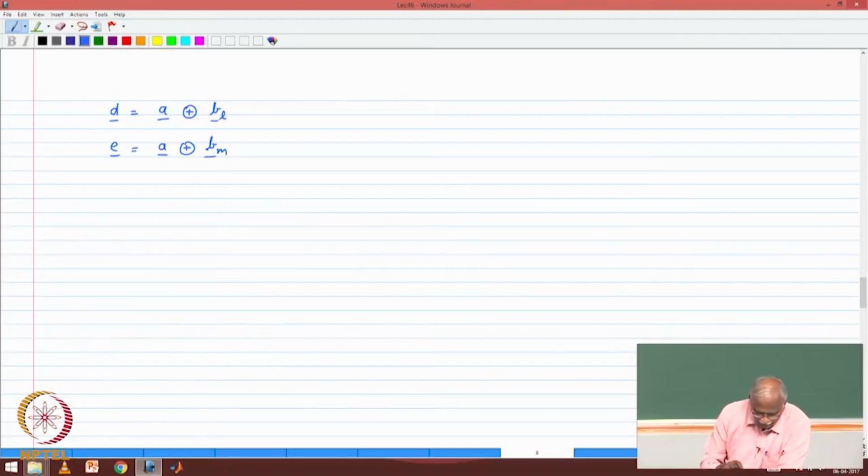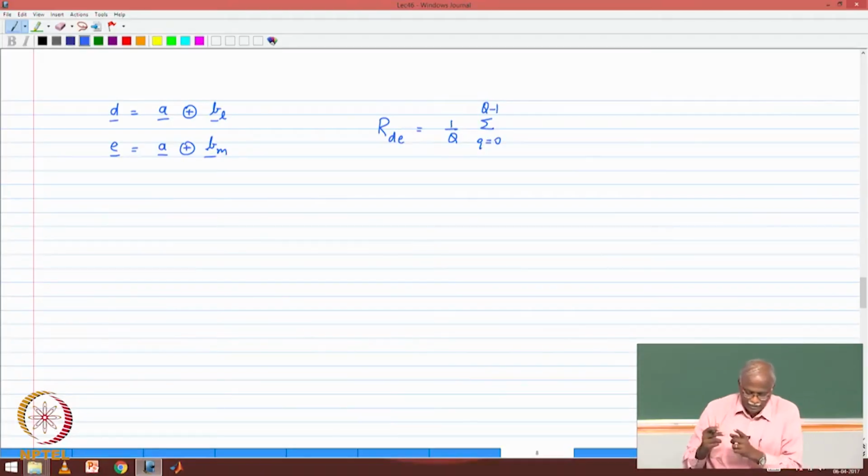Now we need to find out the cross correlation between D and E. So this would be 1 by Q summation q equal to 0 to Q minus 1. I can write it in one of two ways. I can write it in the bipolar form, or I can write it in the binary form.